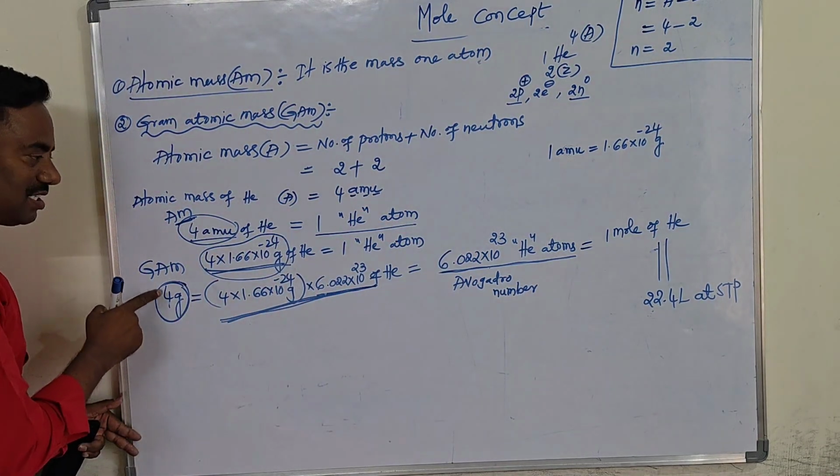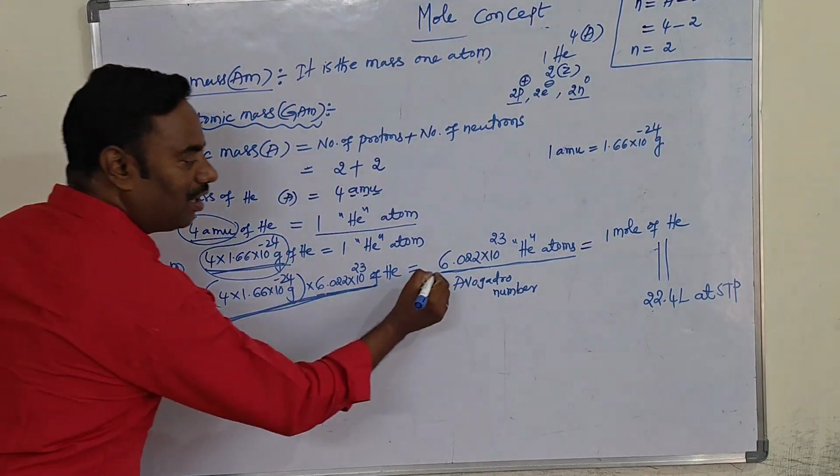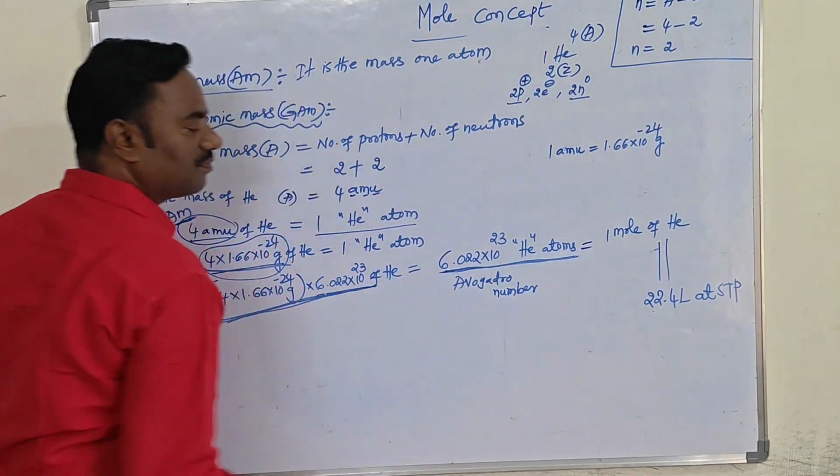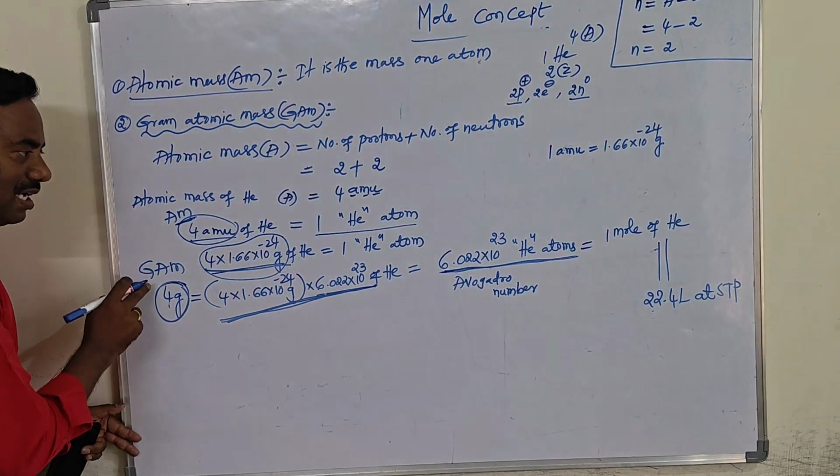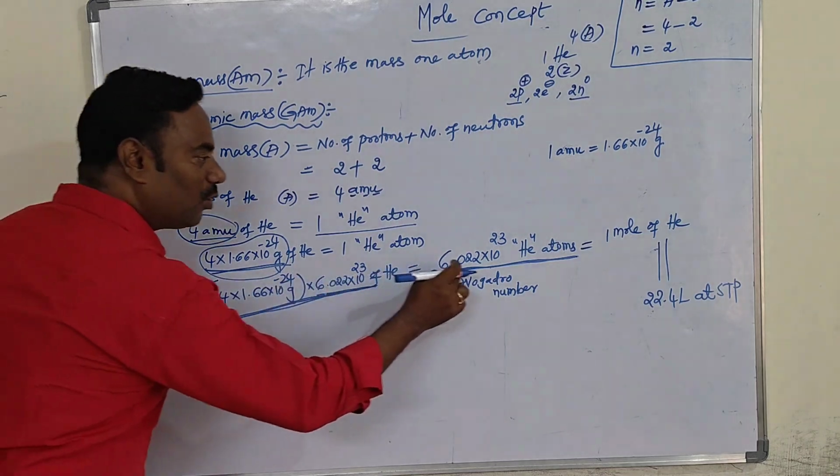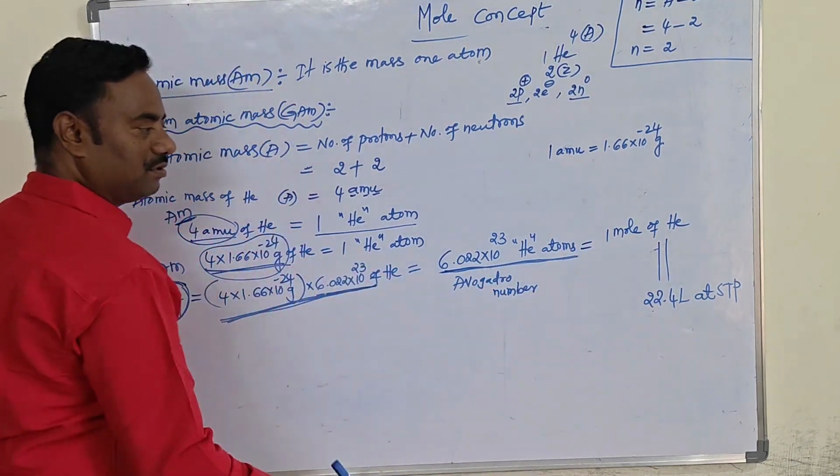Gram atomic mass means it is the mass of Avogadro number of atoms. Gram atomic mass is the mass of Avogadro number of atoms.